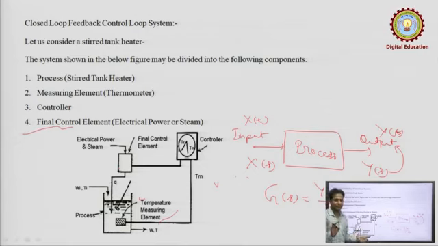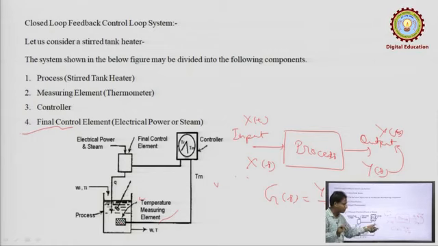Like I am taking an example, the temperature coming from the inlet is 40° centigrade, but you need 60° centigrade as the desired value. So, the temperature of the process is 40° centigrade. The thermometer, or temperature measurement element, senses the 40° centigrade.